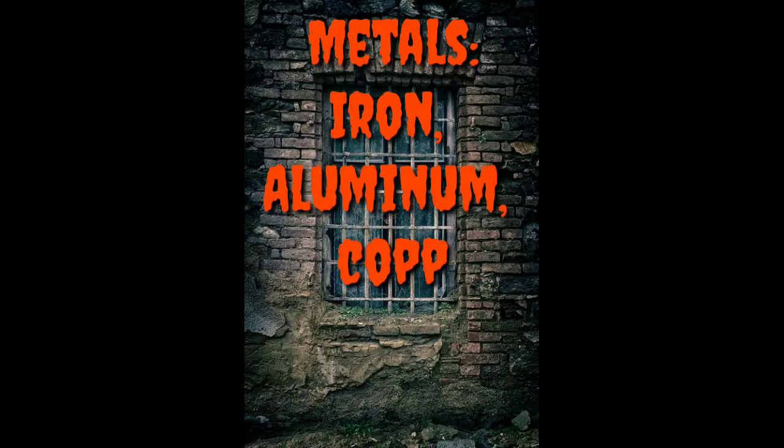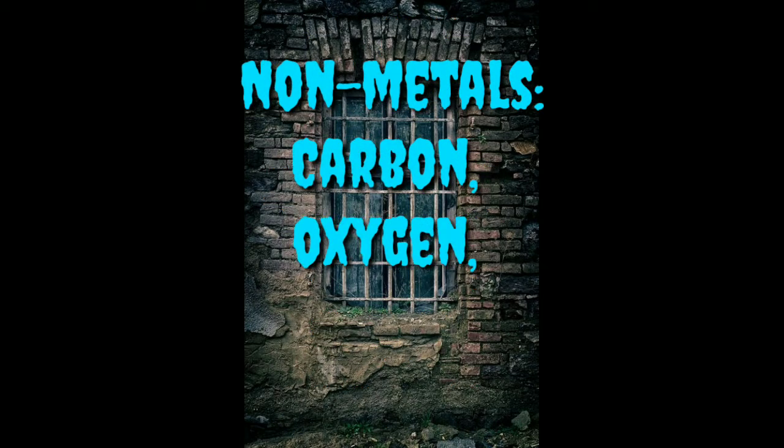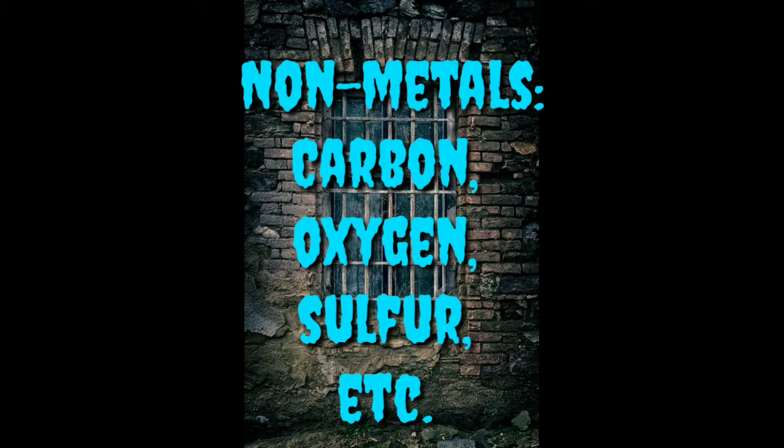Now we know that metals are like iron, aluminium, copper, silver, gold, etc. And non-metals are what? Diamond, carbon, oxygen, the air which we breathe, in that the oxygen is a non-metal and it's so essential for our life. So later, further classifications were tried out as our knowledge of elements and their properties increased.